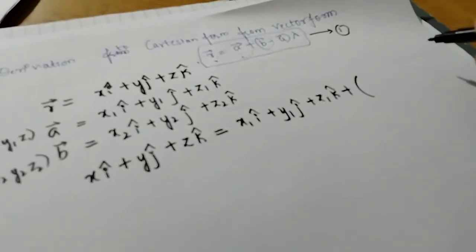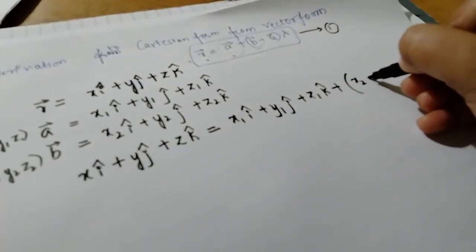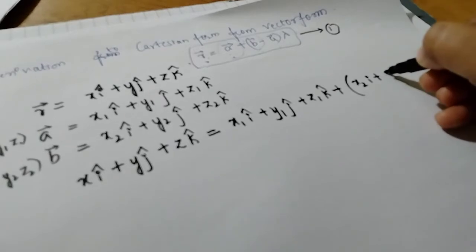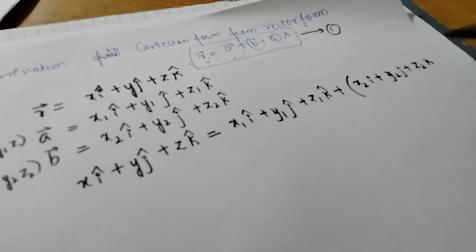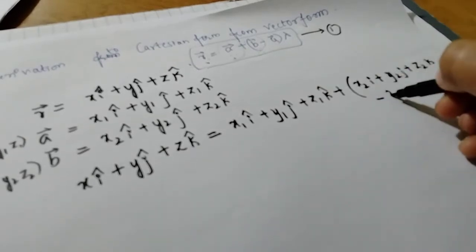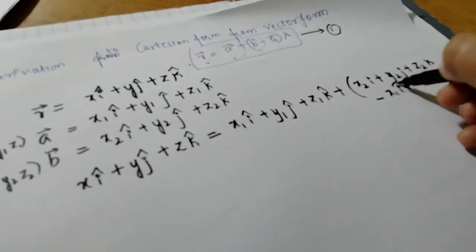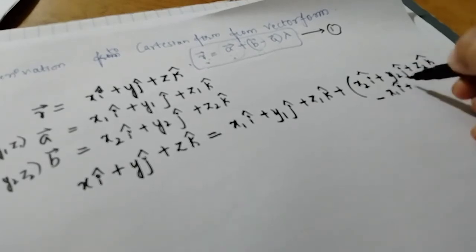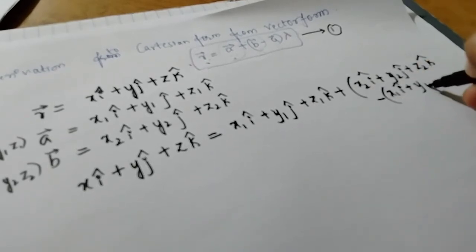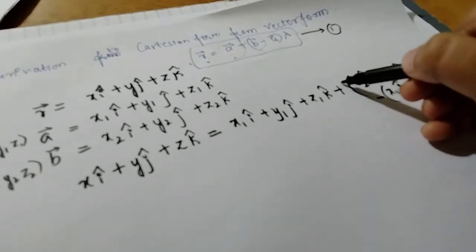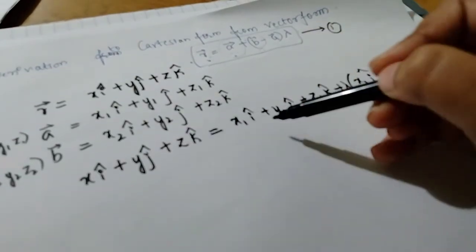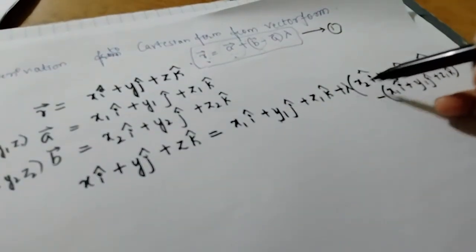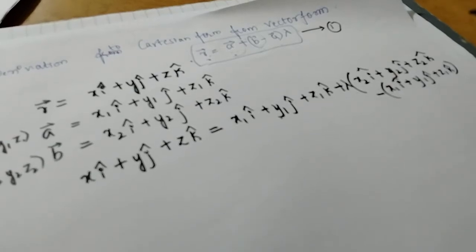So B minus A is x2i plus y2j plus z2k minus A value, which is x1i plus y1j plus z1k. B minus A, lambda I write here. Okay. So R value is equal to A plus lambda times of B minus A.